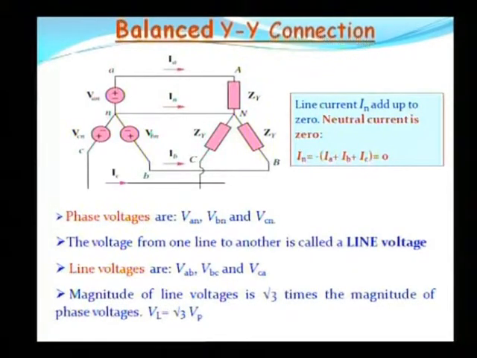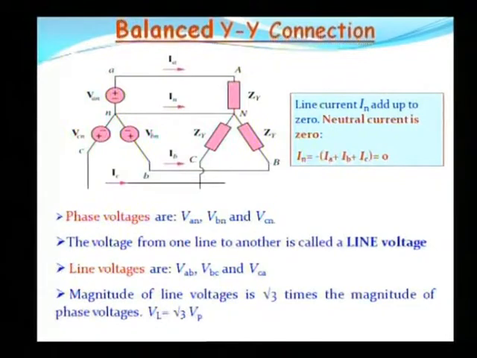In the balanced Y to Y connection, the line currents add up to 0, so the neutral current is always 0. Here you can find that IN equals minus (IA plus IB plus IC), which equals 0. The neutral current is always 0.